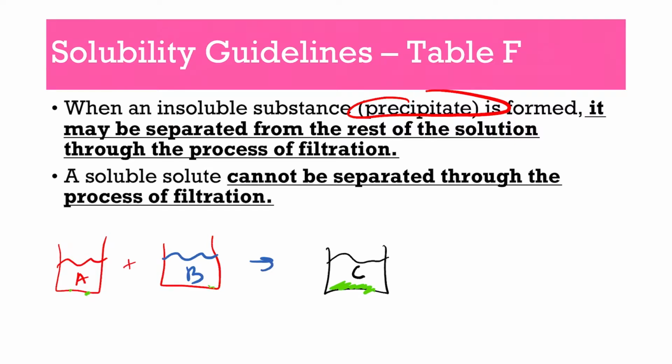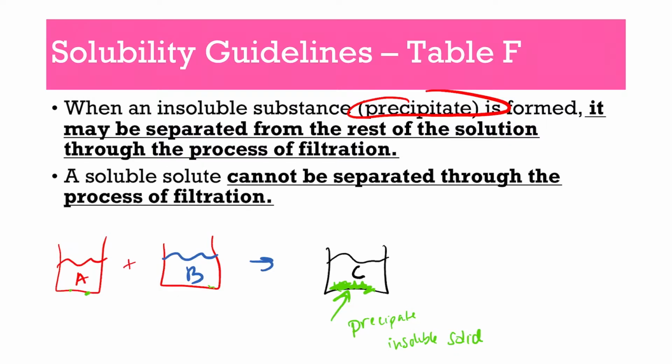So they're separate things, they're soluble, but then you get this stuff on the bottom. That's a precipitate. That is an insoluble solid. So if it asks about precipitates, you're looking for something that is insoluble.